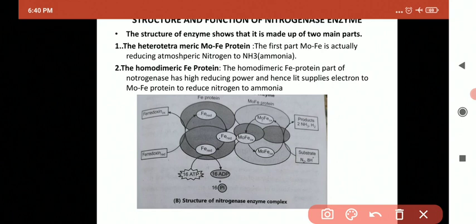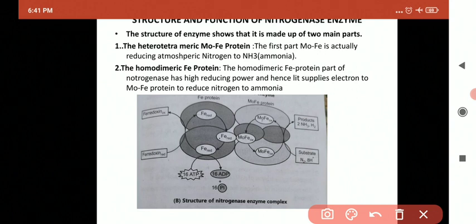Now, the second component is homodimeric. As the MoFe protein consists of alpha subunit and beta subunit, that is different types of units, that's why it is called a heterotetrameric MoFe protein. While in the case of Fe protein, it consists of the same kind of protein, that's why it is called a homodimeric Fe protein. It is highly reducing.